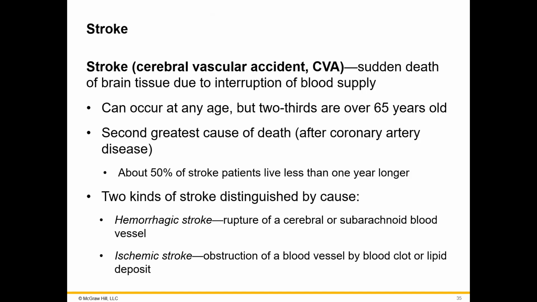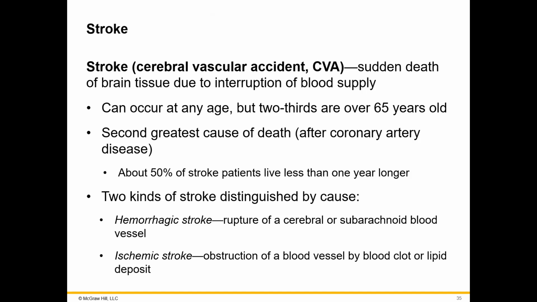In a stroke, due to a plaque or a clot or an occlusion, less blood arrives to the brain. Now only 70% of the brain tissue is getting nourished and perfused. The 30% is going to die.